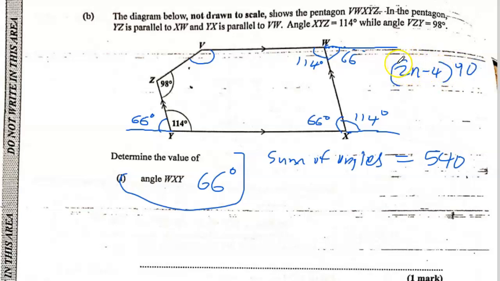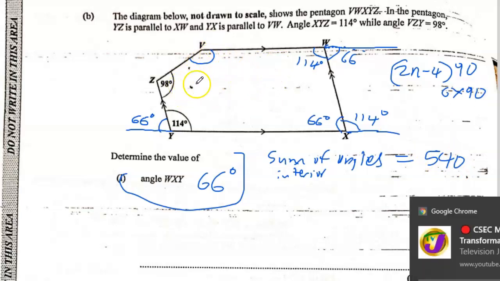This gives us the sum of all the interior angles. N is the number of sides. Now this shape has how many sides? 5 sides, right? So n would be 5. So 2 times 5, that's 10. 10 minus 4, that's 6, and 6 times 90, that's 540. So the sum of all the interior angles for this shape is 540.